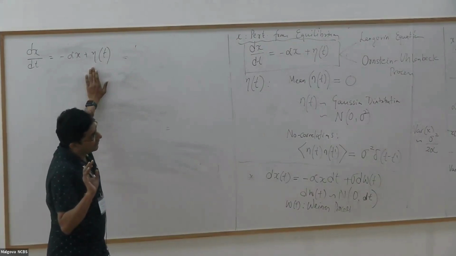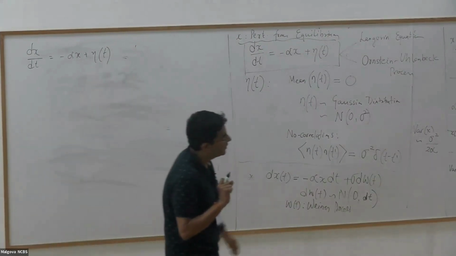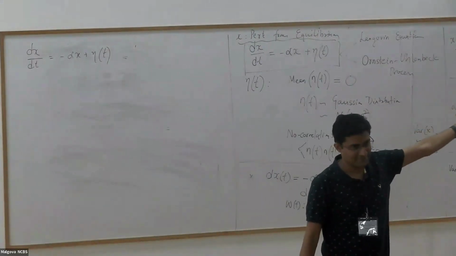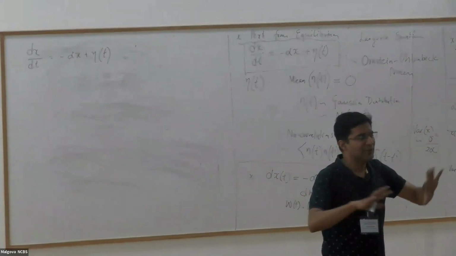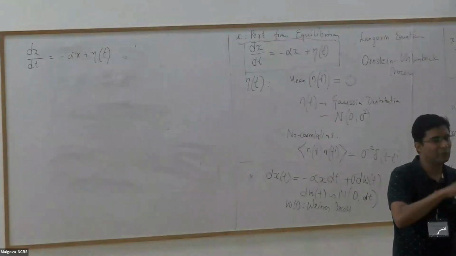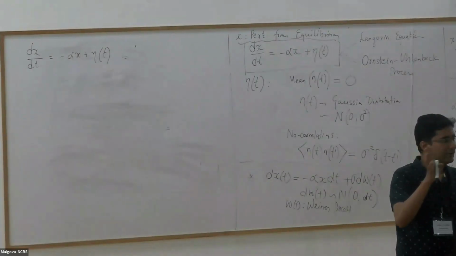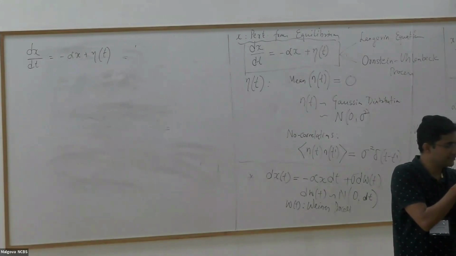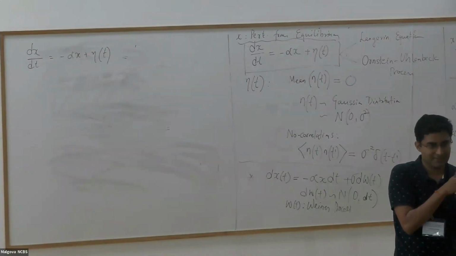Now, usually, what is your intuition? If there is a stable equilibrium and some stochasticity, what would you conclude? You would conclude that the stochasticity would make the system fluctuate around the equilibrium.